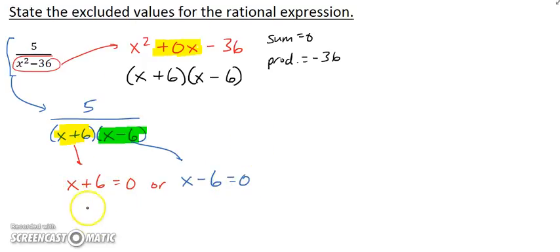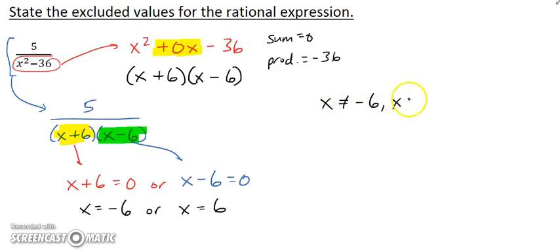And again, the good news about this is that these equations that we're writing are really easy to solve. Here I get negative 6, and for this equation I get positive 6. So if those are the values that make the denominator equal to 0, if I want to state the excluded values, I better say that x can't be those. So x can't be negative 6, and x can't be 6.